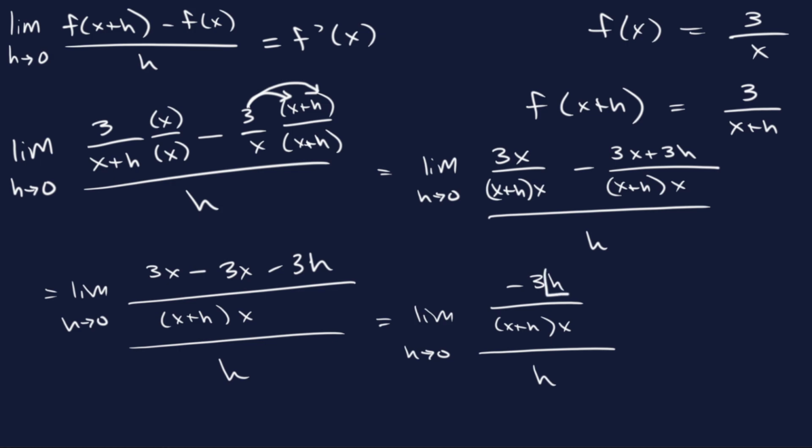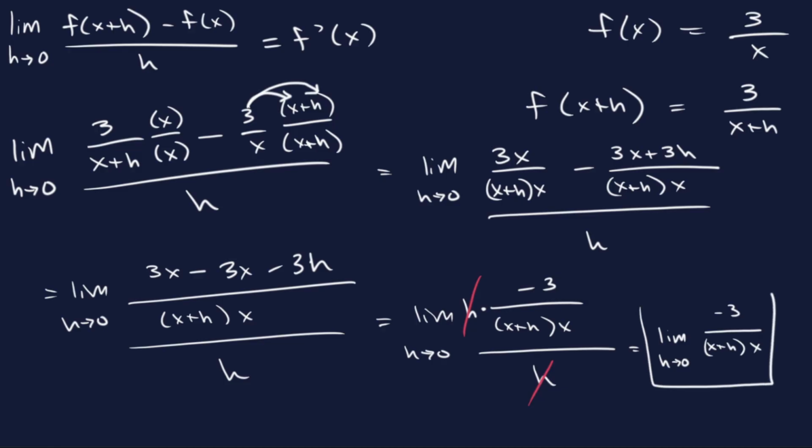So for this h here, I'm going to move this out front to rewrite it as negative 3 in the numerator and just h times all this. And this can help you see that because it is h multiplied by all of this here, that means that we can cancel this h and this h to just make it the limit as h approaches 0 of negative 3 over x plus h times x.